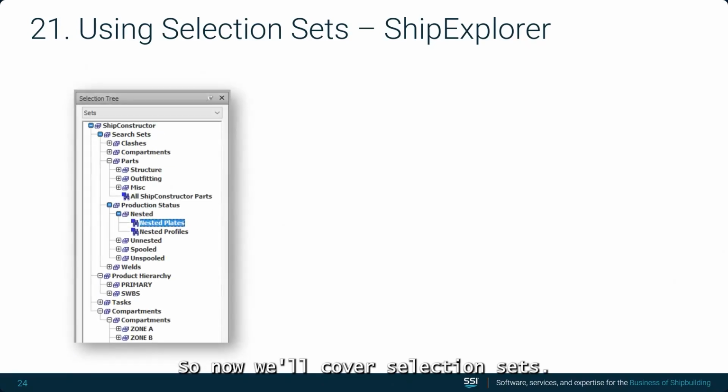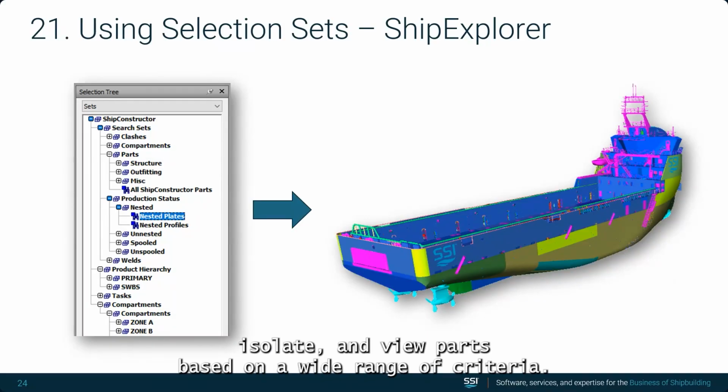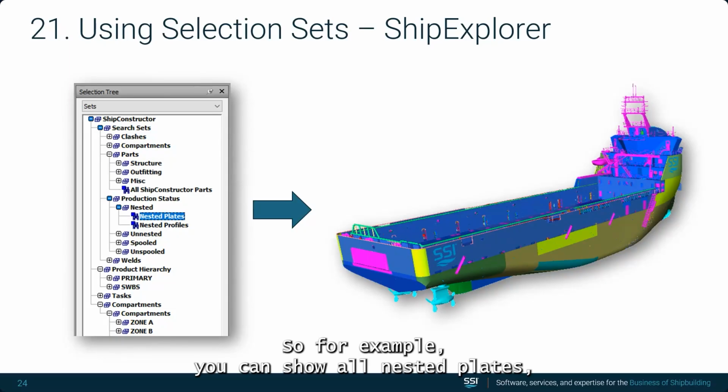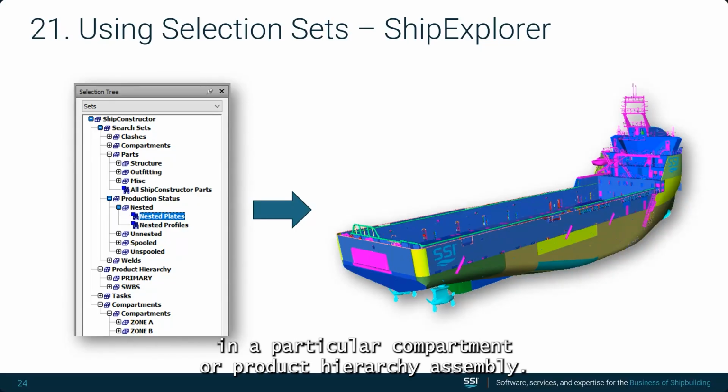So now we'll cover selection sets. Many ShipConstructor specific search sets can be added to your file, letting you quickly find, isolate, and view parts based on a wide range of criteria. So for example, you can show all nested plates, all parts added under a specific task, or all parts by type in a particular compartment or product hierarchy assembly.